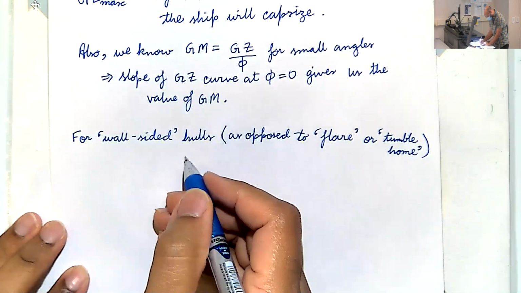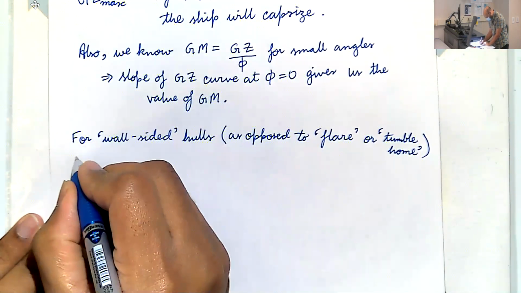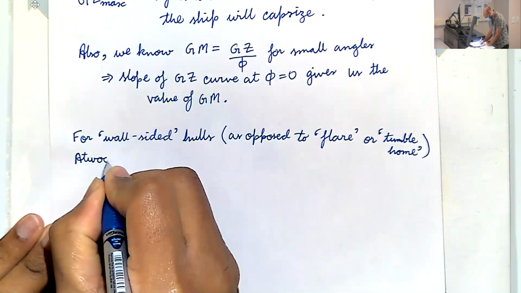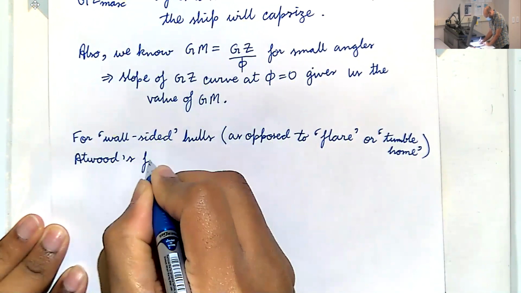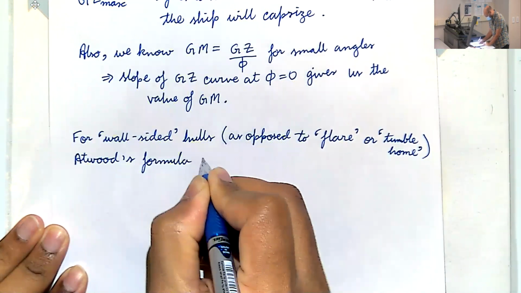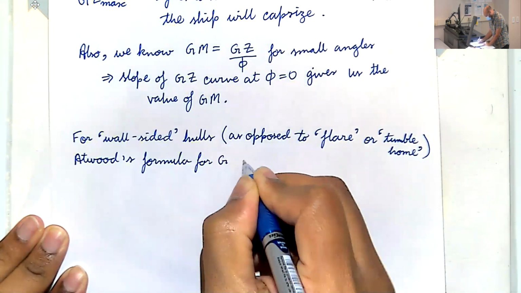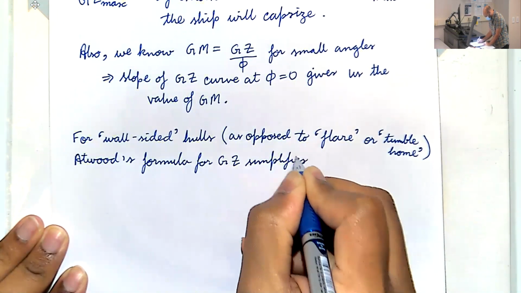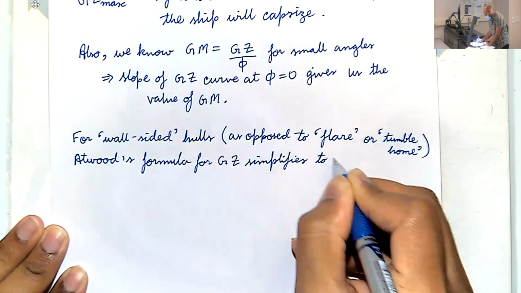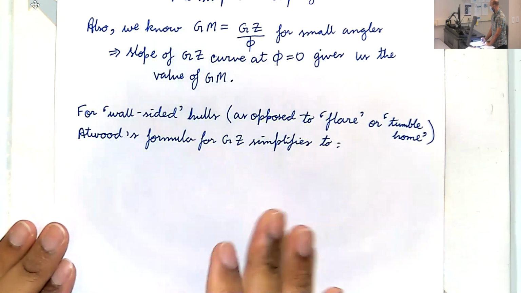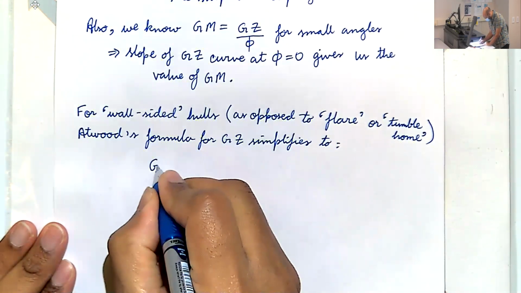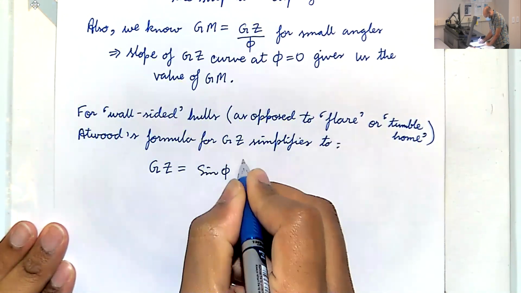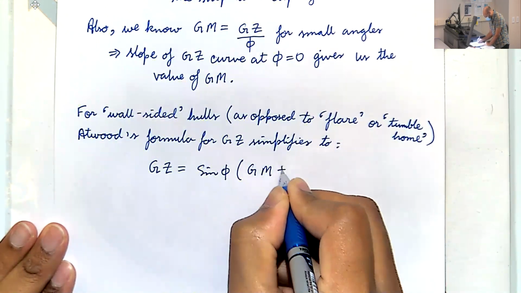So for wall-sided hulls, Atwood's formula for GZ simplifies. It becomes GZ is equal to sine phi times GM plus.